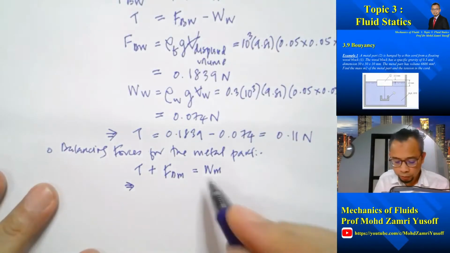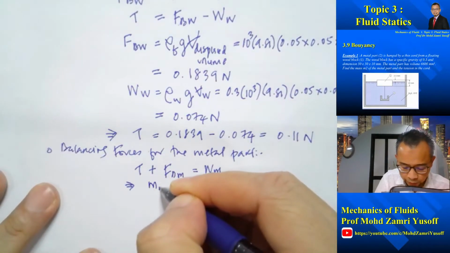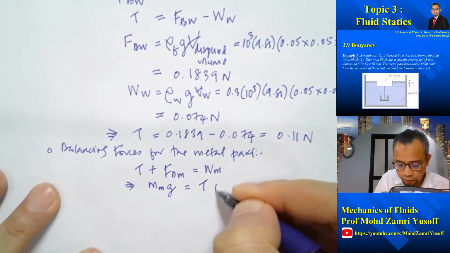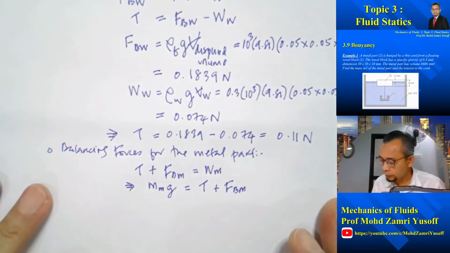The weight of the metal is equal to the mass of the metal multiplied by G. So the mass of the metal multiplied by G is equal to the tension plus F buoyancy metal.